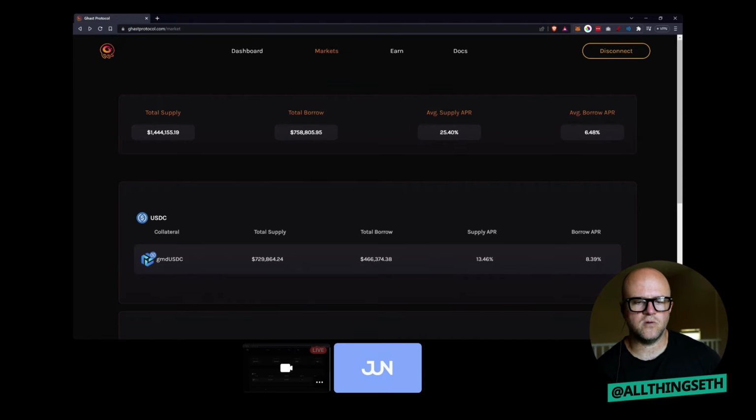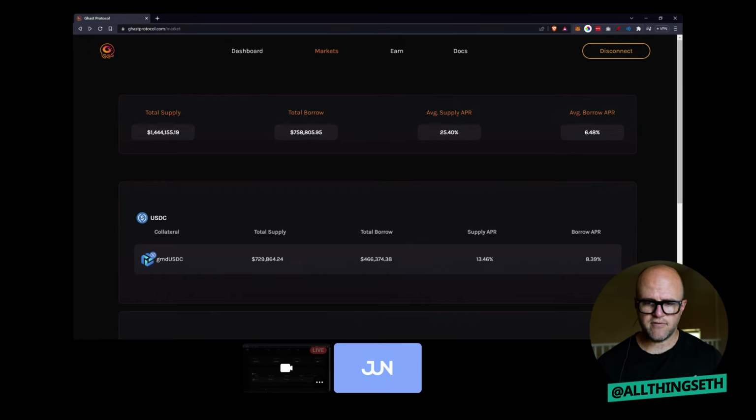Our GMD USDC, ETH, and BTC tokens all get to participate in that estimated 10 to 15%. And so they gain value over anything you would borrow inside of Ghast, which keeps it from being liquidated. It's a great mechanism to continue to get yield and to be involved in yield farming as well, being able to take that ETH and maybe use it somewhere else.